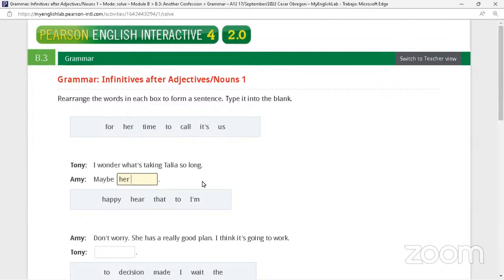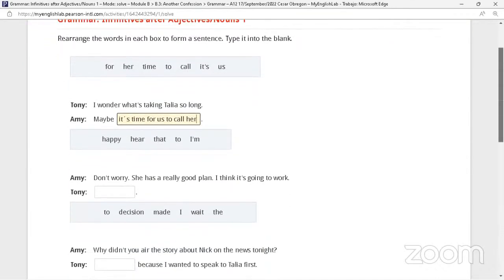For plus a noun or pronoun. For us. Okay. For us to call. Maybe it's time for us to call her. Okay. Don't worry, she has a really good plan. I think it's going to work.